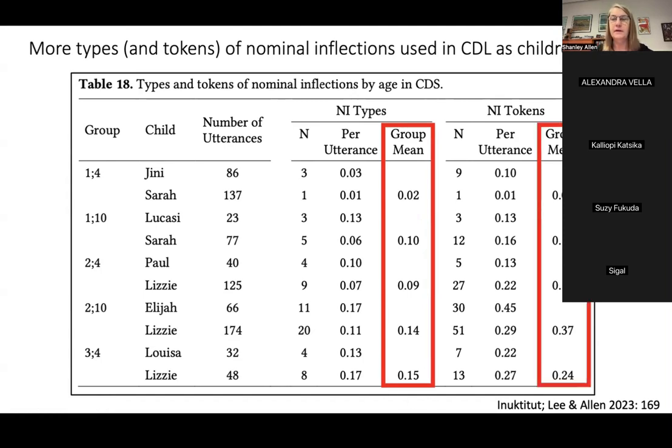And then the noun inflection tokens increases from 0.06 per utterance at 1 year, 4 months to 0.24 per utterance at 3 years, 4 months. So this means again that they're being exposed to a greater variety of inflections as they get older and a greater number of inflection tokens.